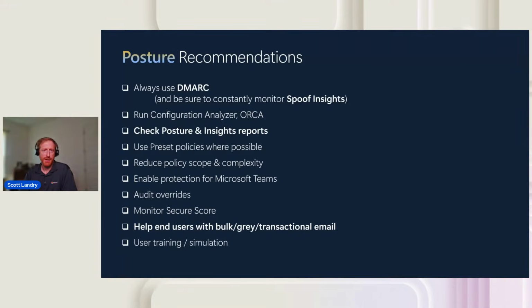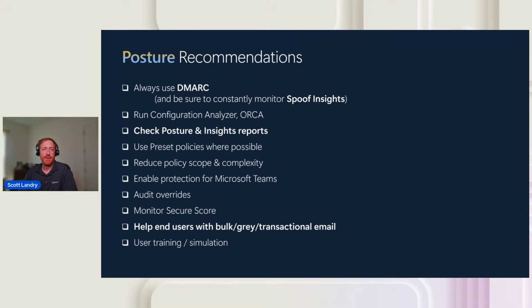One of the others that I'm going to call out here while we're on it is helping users with bulk gray and transactional email. This is not usually the SOC team's responsibility, and I get that. But there are teams usually inside companies that are helping users with this.